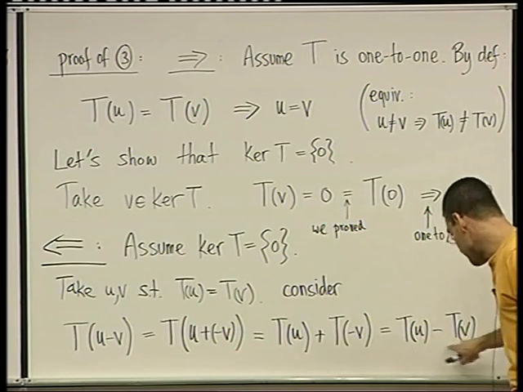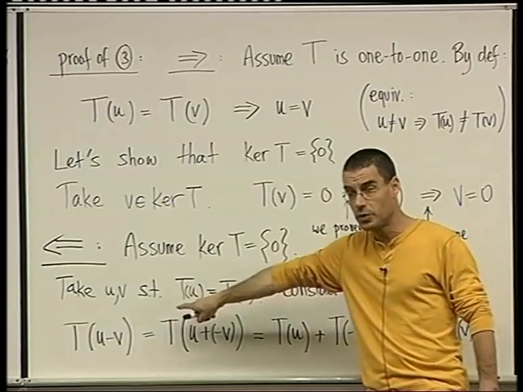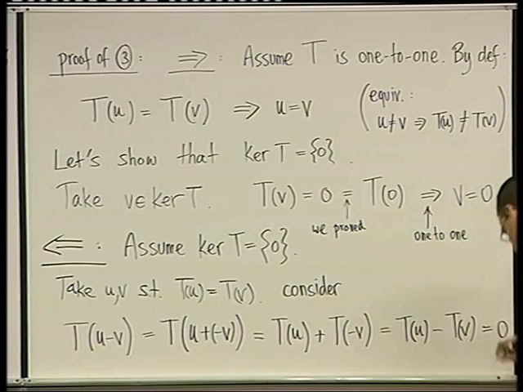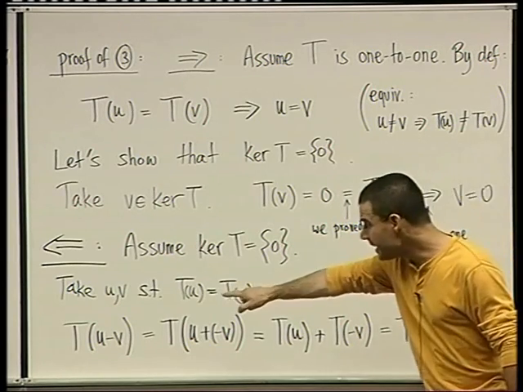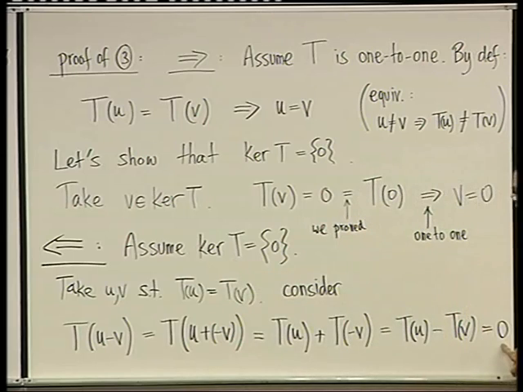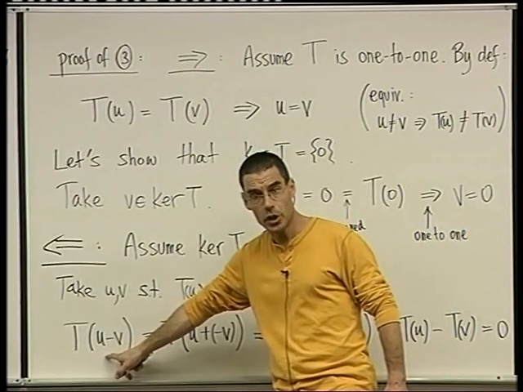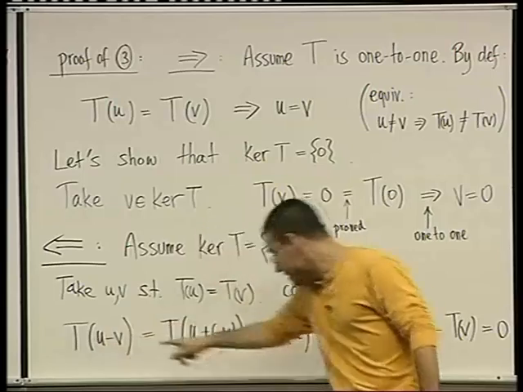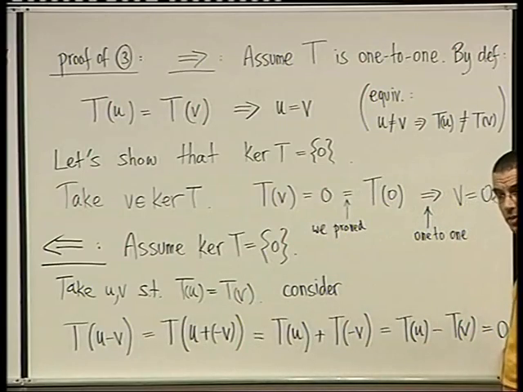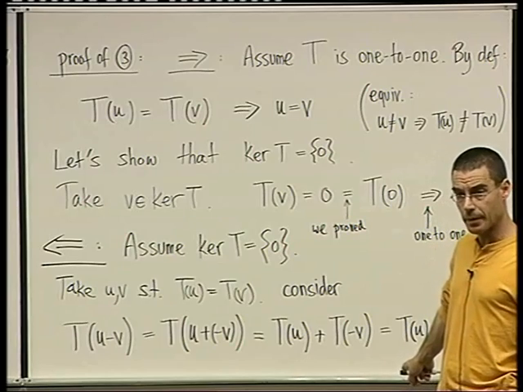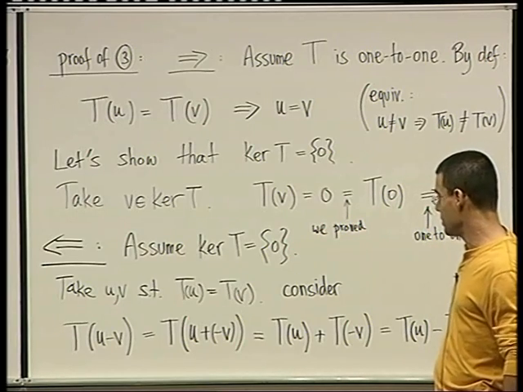But we're assuming that T of U and T of V are equal. We took a U and a V that satisfied this, so this is just 0. Right? So T of U minus V is 0. Do you agree? What does that tell us about U minus V? It's in the kernel. We just showed that T of it is 0. The T sends it to 0. That means that U minus V is in the kernel. Do you see that? Okay, so I'm going to write it on the next board in a second.